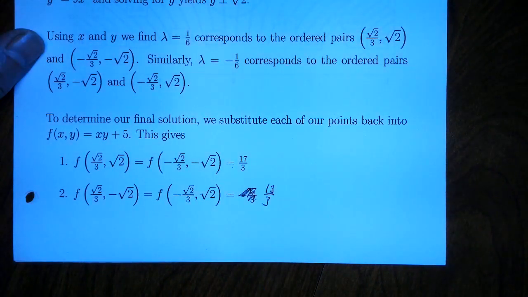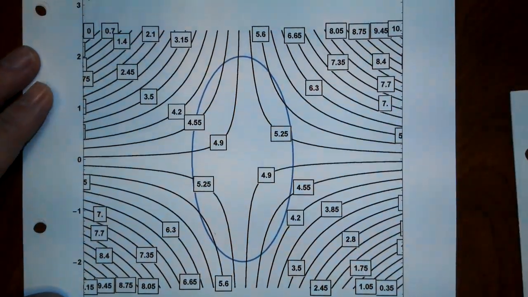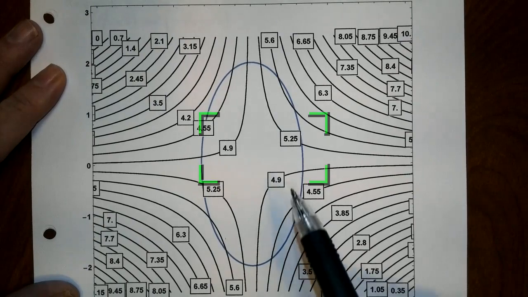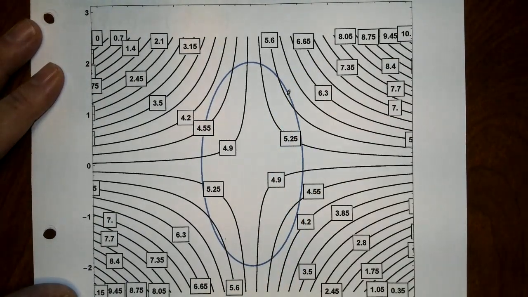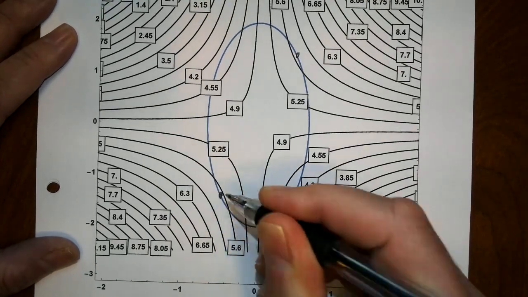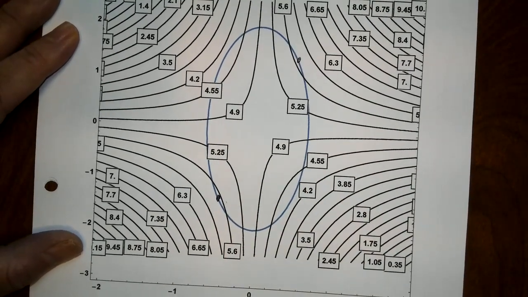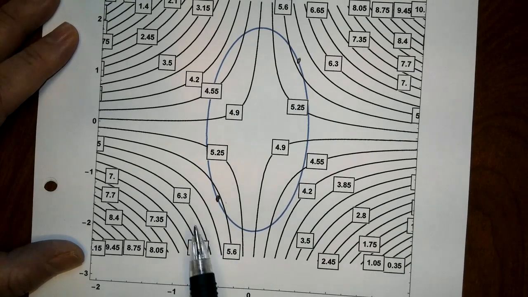Now here's what's going on in terms of our picture. One of the ordered pairs is right about here. That's where the z value is 17/3. There's another one down here in this quadrant. That's the point minus root 2 over 3, minus root 2.